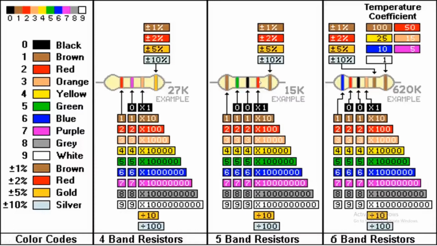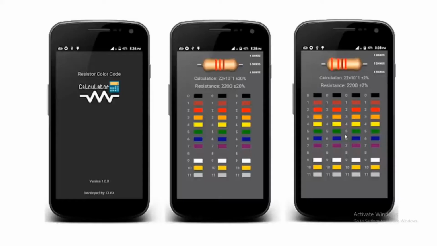The second last color is red, you need to put 2. If we convert, we need to put 2 zeros because the second last number is the multiplier, so you need to put that many 0s. So at the last there's 000. We need to convert into K. So friend, you are also able to find the value of the 6-band resistor.